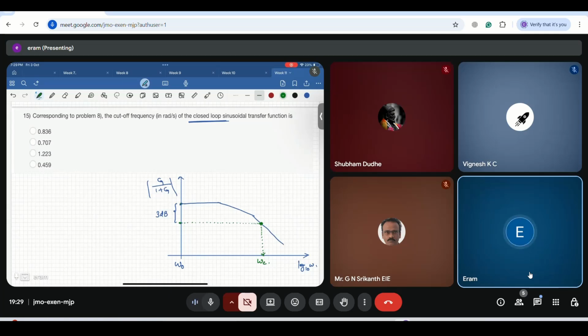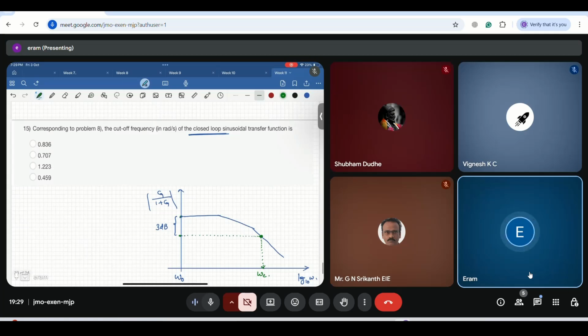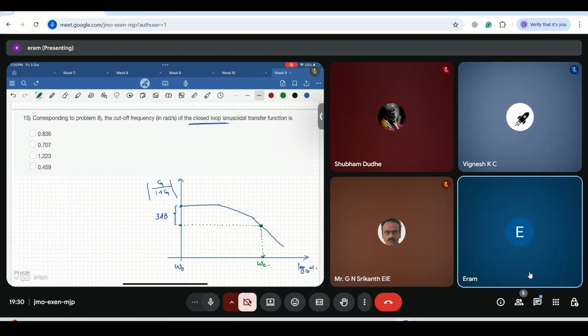Now for this problem, we have calculated that at the initial frequency, that means as omega tends to 0, what was the initial magnitude? It was 0 dB, right? So you have to calculate the frequency at which the magnitude of the closed loop transfer function is minus 3 dB.